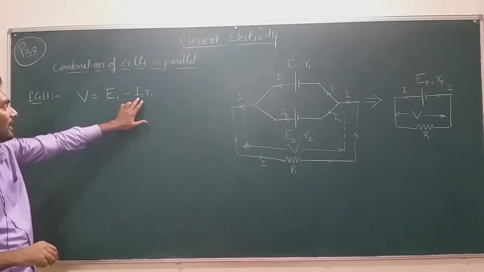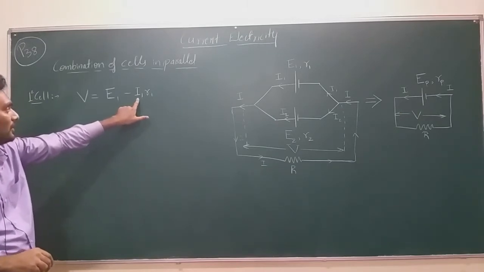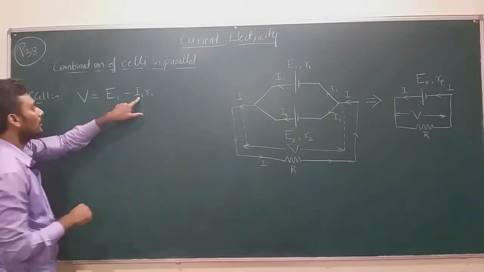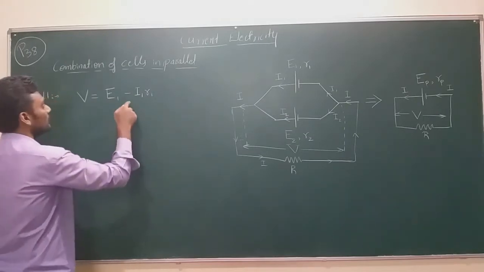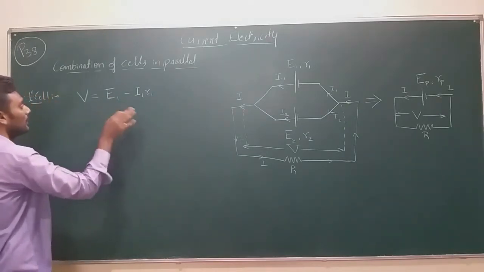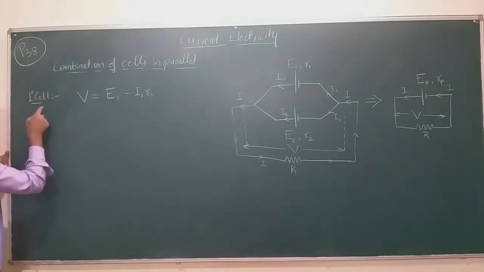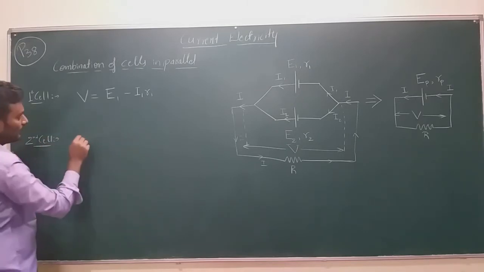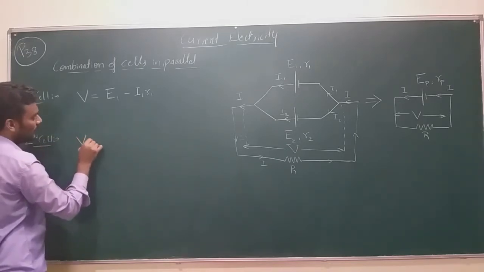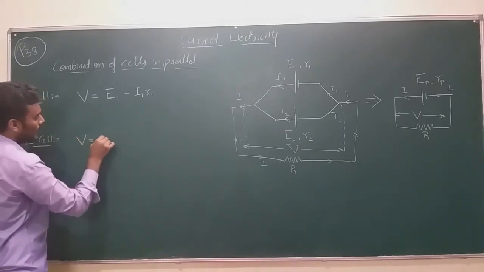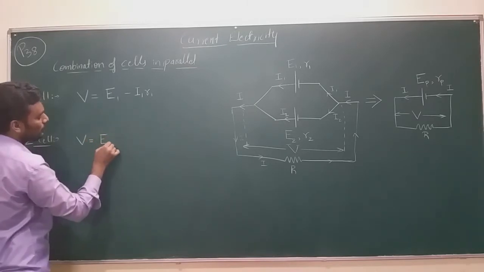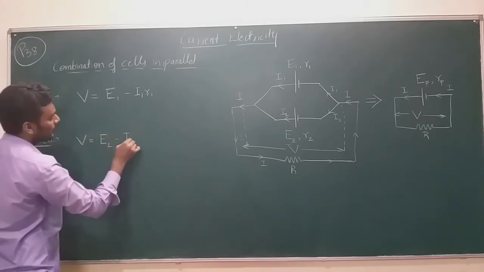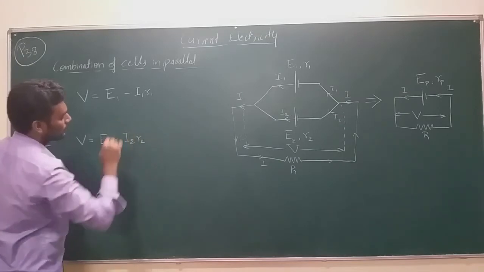So, from this I can get I1, isn't it? I can easily obtain I1 using the relation just by transferring that, but let me do that later. Let me write a similar expression for the second cell. For the second cell this is the same, V is equal to, instead of 1 it is 2, E2 minus I2 R2.